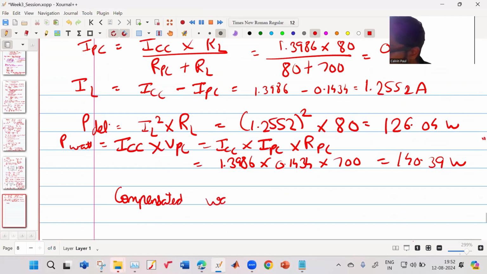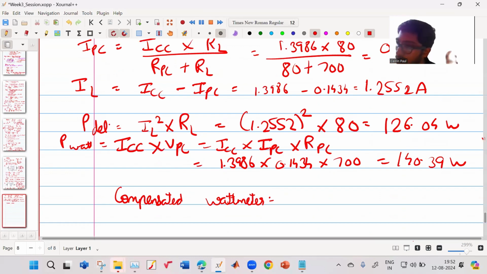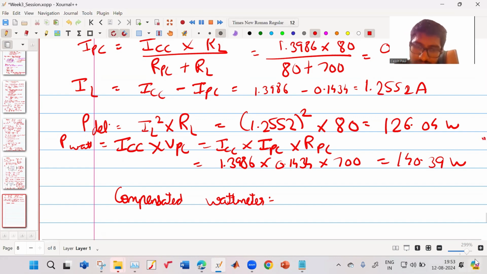Current is flowing in the current coil, but they also have a compensating coil, and the effective flux which is generated is dependent on the orientation of the current coil and the compensating coil. So using that, they sort of cancel out that current which is causing the error.